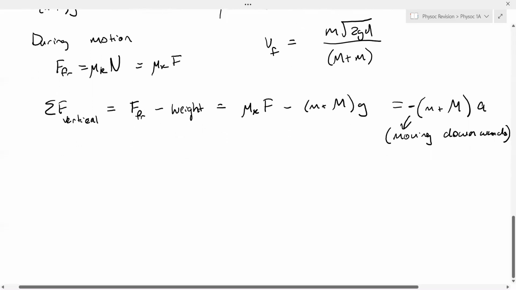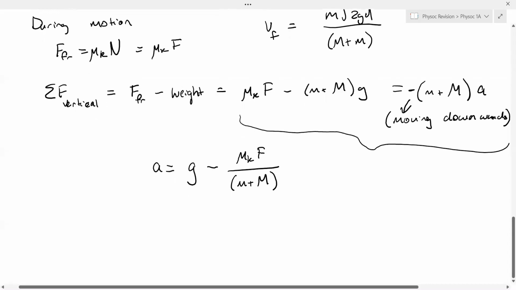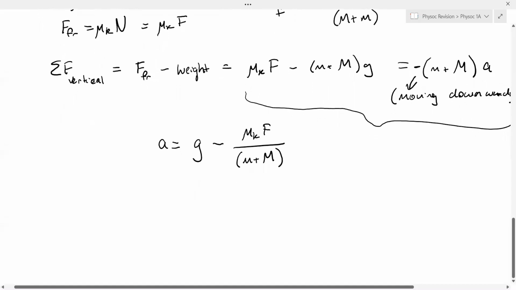Which means our total acceleration is going to be equal to g minus mu kf over m plus M, just rearranging this part here for a. And then we're going to use our kinematic equation again.